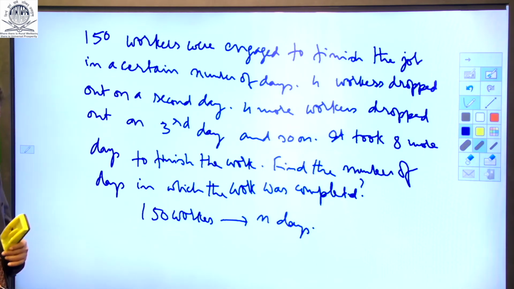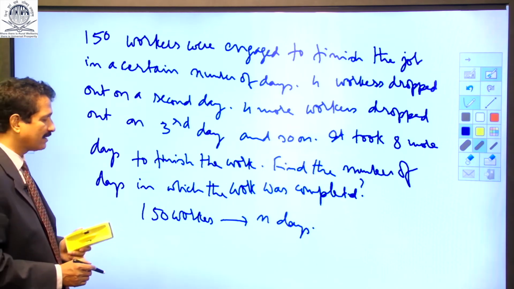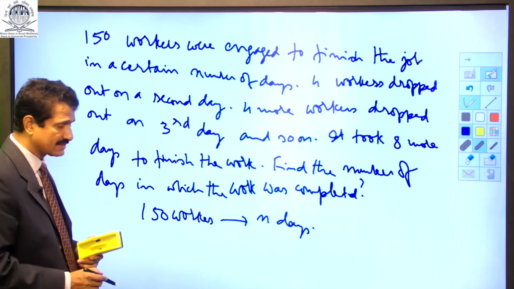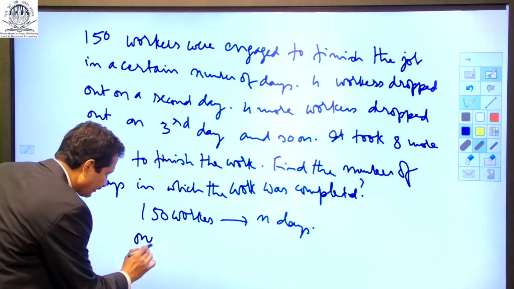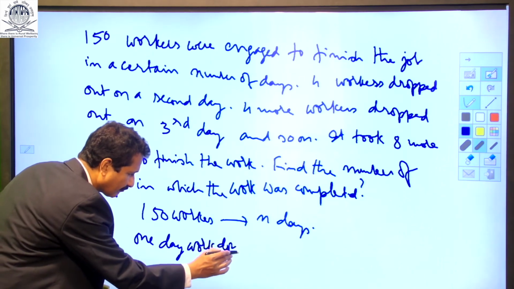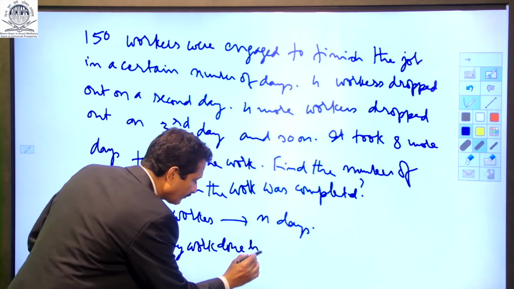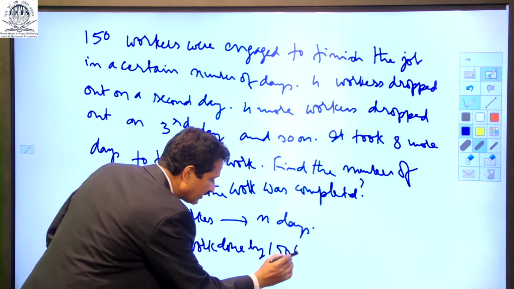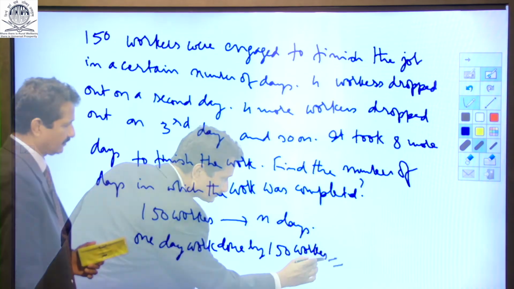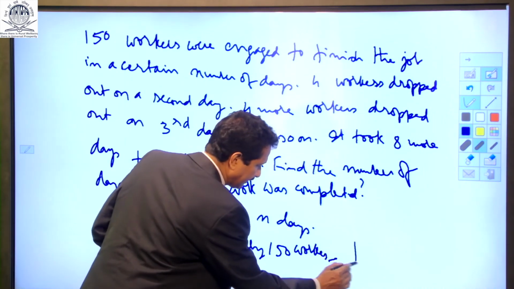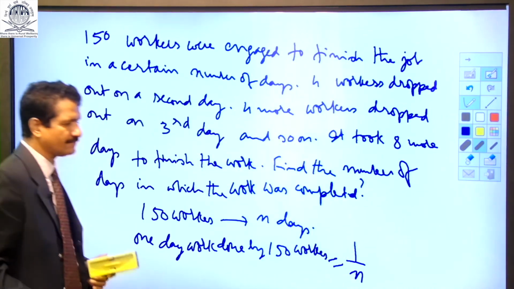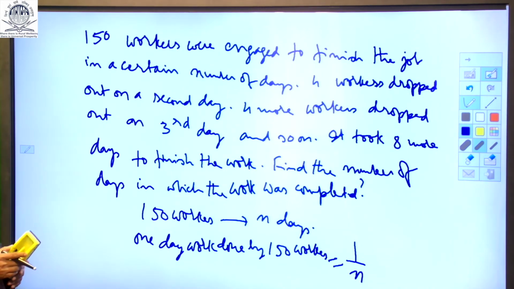So for one day, how much work will be done by these 150 workers? For one day, the work done by 150 workers will be 1 by n.